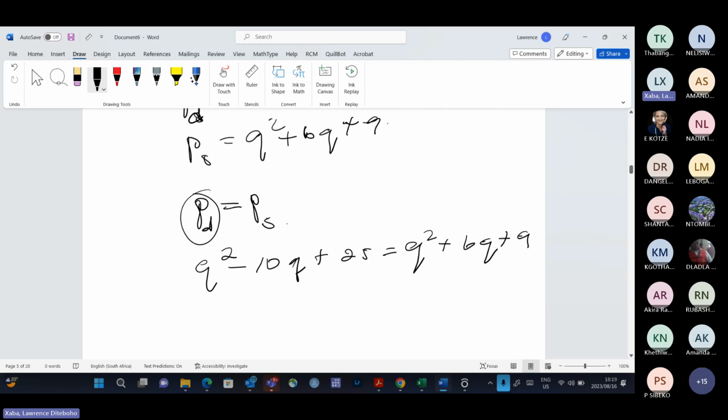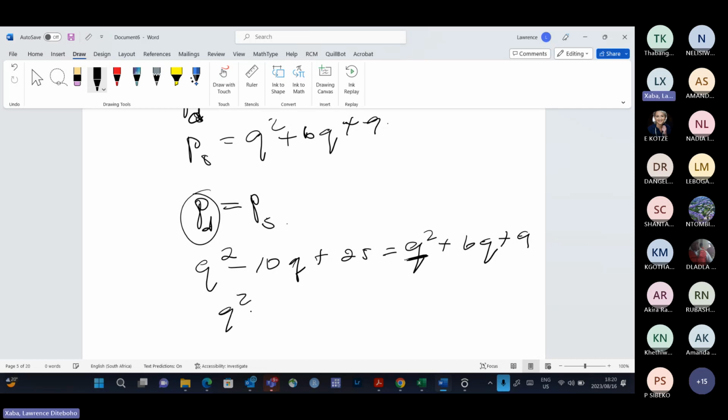Now we have to group the like terms. Let's take Q squared and 10Q and 6Q to the left-hand side, then we take 25 to the right-hand side.